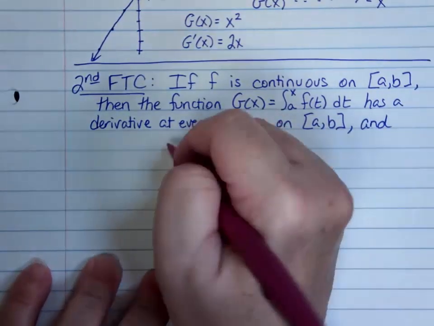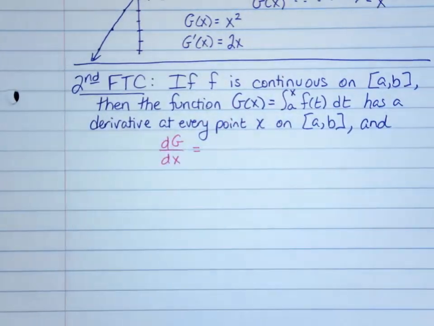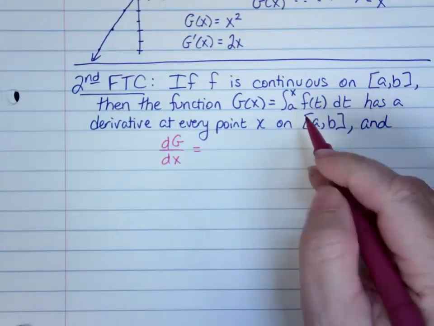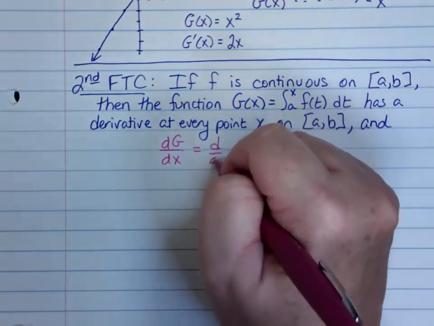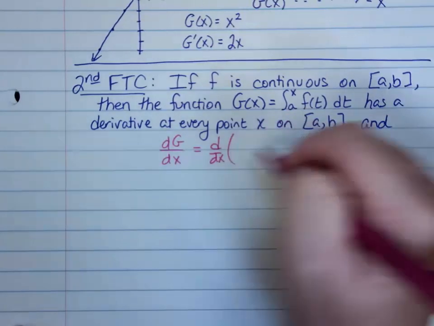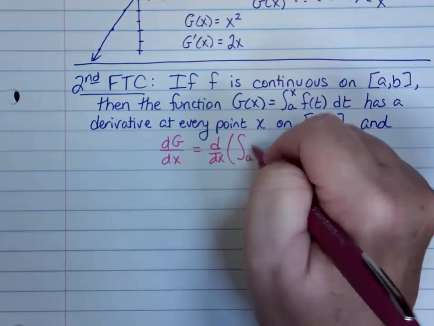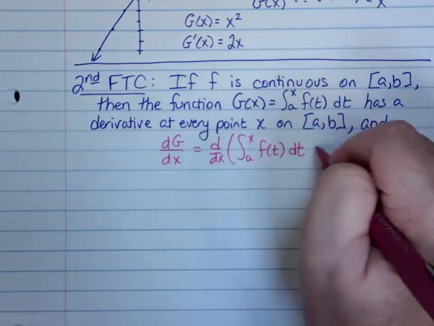We're going to use dg over dx. dg dx equals. Now, I need to take the derivative of an integral. That's kind of weird. I've never done that before. So what we write is a d dx in front of it, because remember that means derivative of the integral from a to x f of t dt.